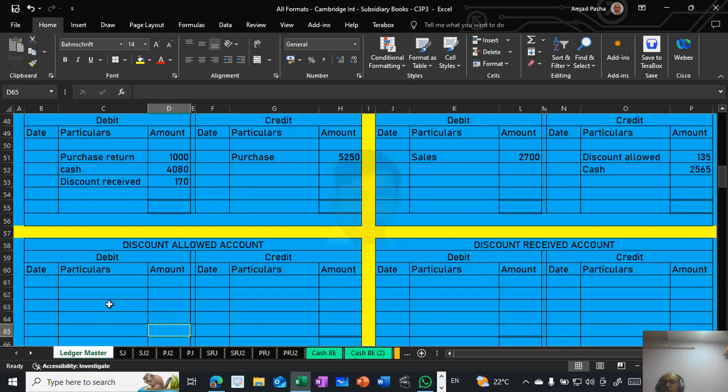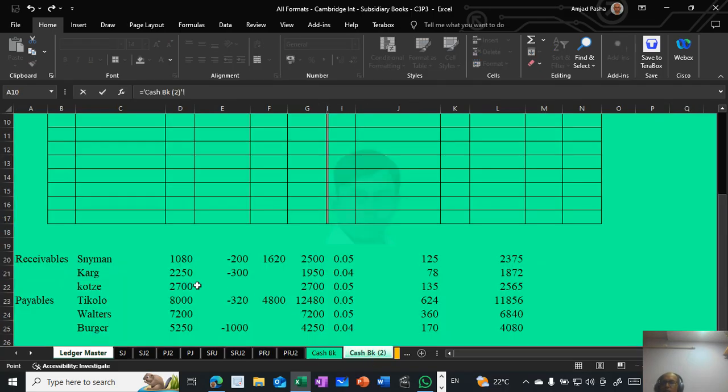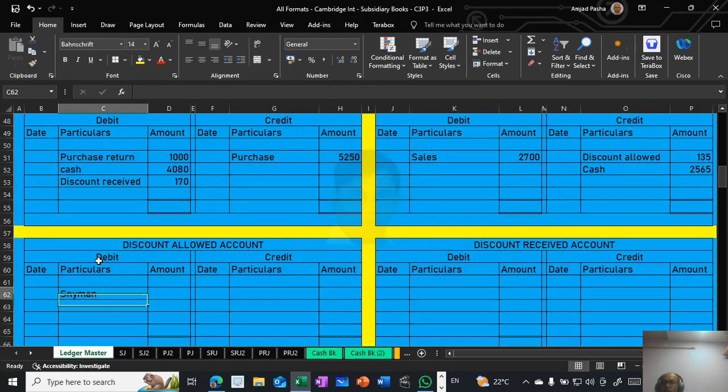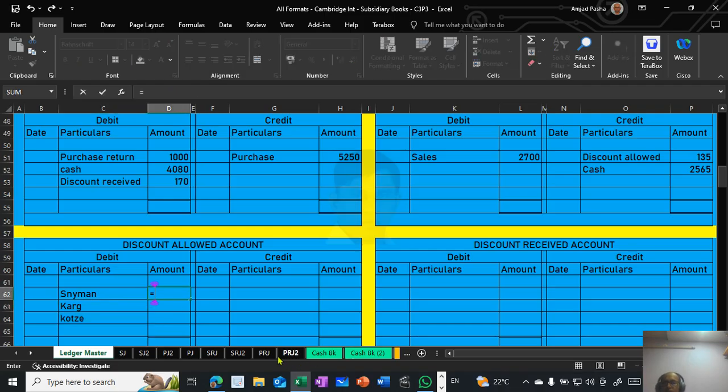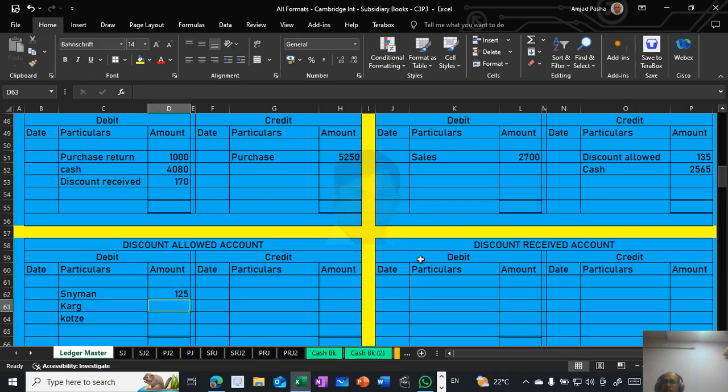So we allow discount to these three people, and discount allowed is always a loss, an expense. And what is the amount? Amount also we can just note down from here. These are the discounts that we have allowed.